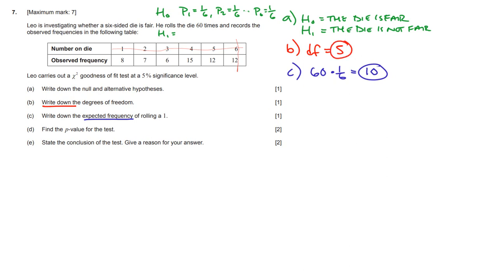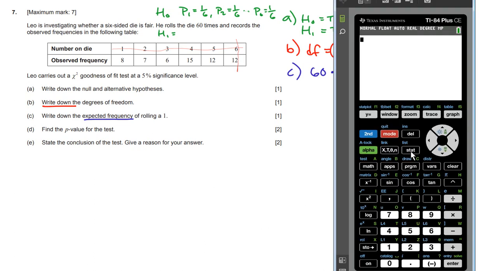Okay, part D, find the p-value for the test. Okay, so I'm going to find a different color here, a different green. So let's see, find the p-value for the test. This is where we get to enter it into our calculator, right?